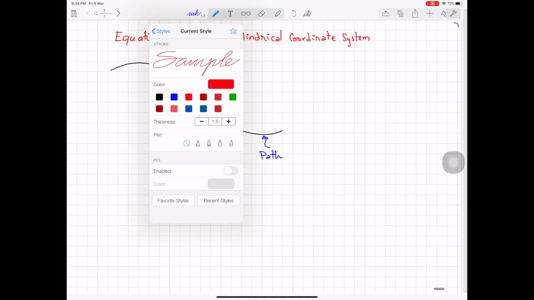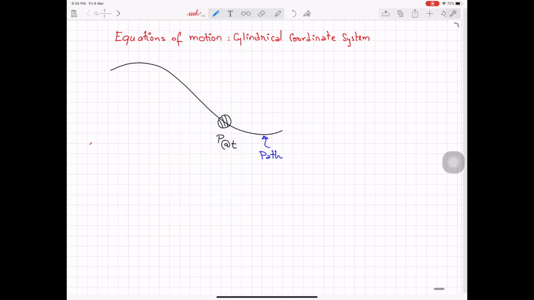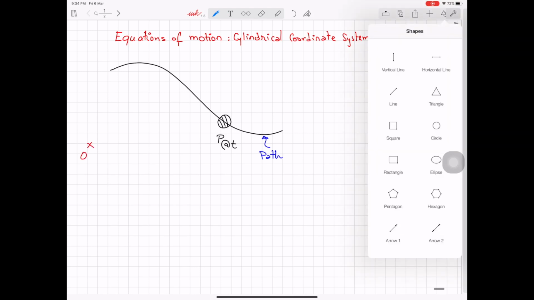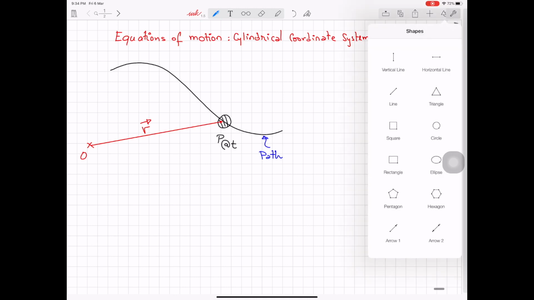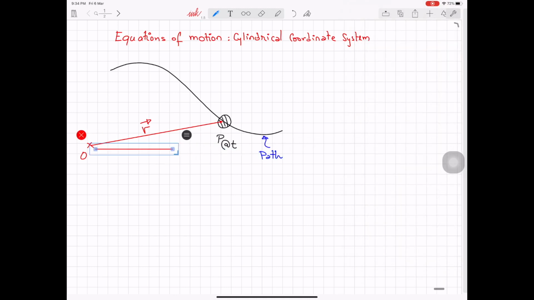So assume our reference is O, which is this. Now we can locate the particle's position with respect to this reference, and this is what we will call r. This is the position of the particle, and we can also define the angle theta with respect to the horizontal reference.